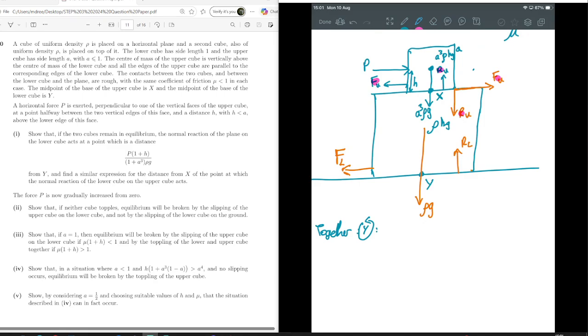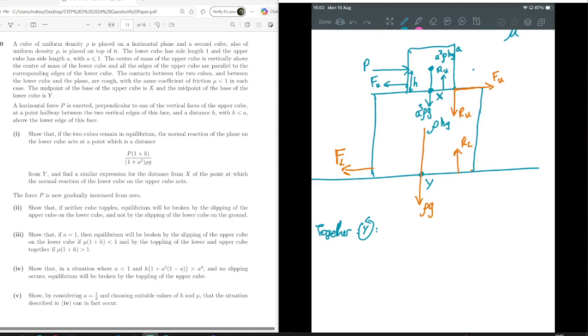So the only ones I do need to worry about are the friction along the bottom, which I don't because it goes through the pivot. So the only forces I actually care about are the P force, and I don't even need to do the 2 weights either.